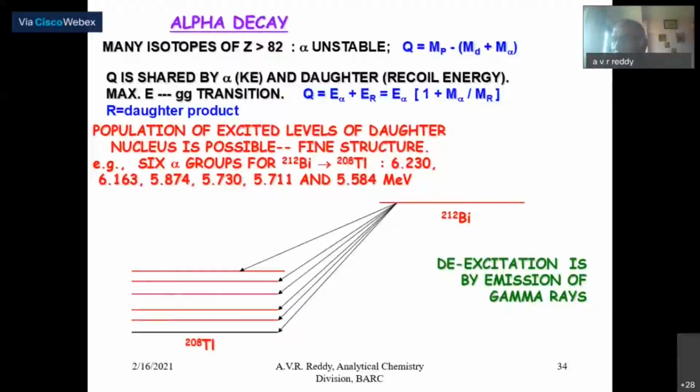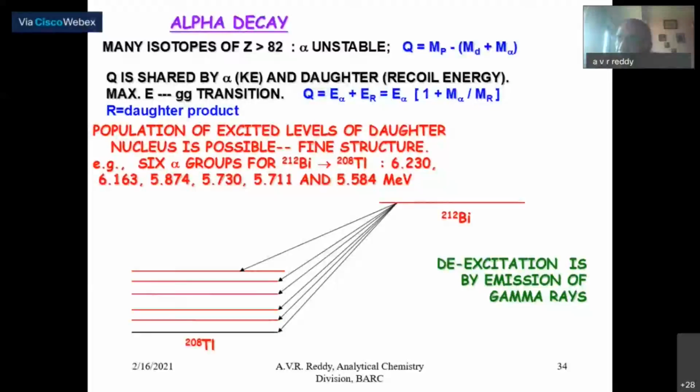Of course, for all these decay processes, if you have time to look into the assignment I gave, which might have been uploaded, you will get the meaning of it. When the starting nucleus, what we call the parent nucleus, has more mass than the daughter product and alpha together, then only is the decay process possible.